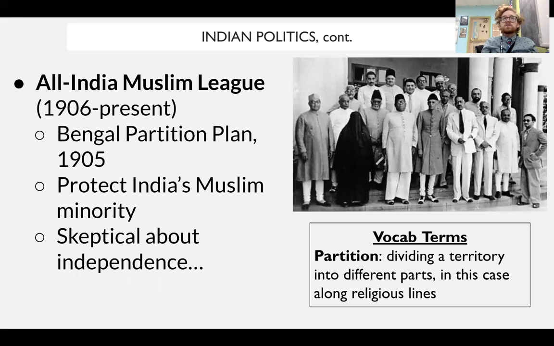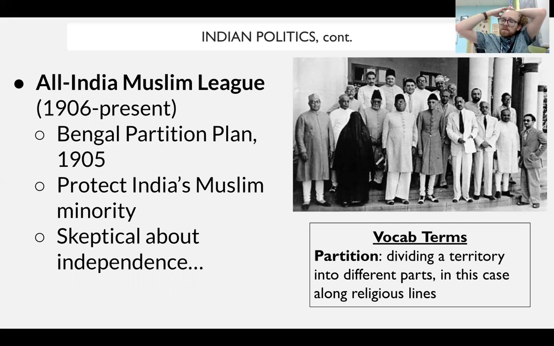And even though they are successful in getting rid of this partition plan, there still are concerns about this Hindu majority potentially persecuting the minority. So really, the Muslim League at this point is in support of the British. They view the British as a necessary barrier to a Hindu-dominated India.